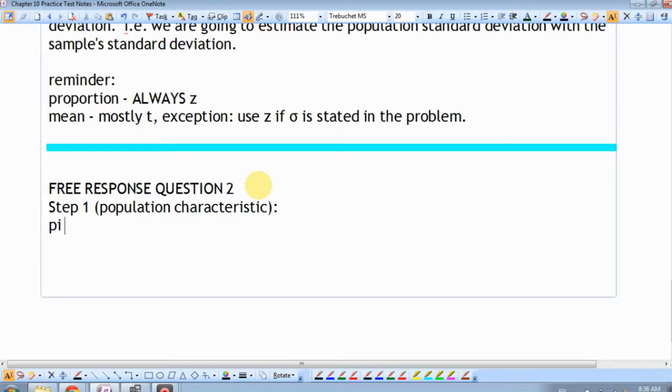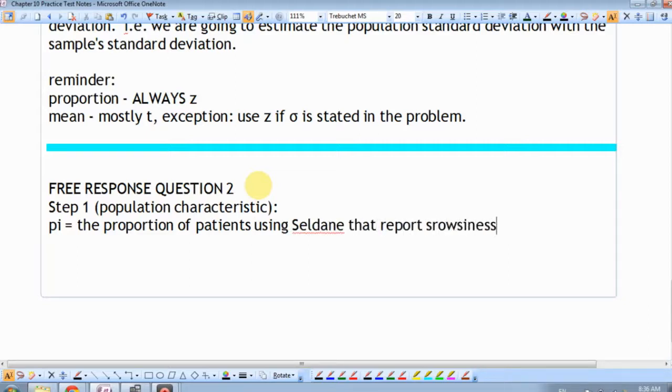So pi is going to be equal to the proportion of patients using Seldane that report drowsiness.